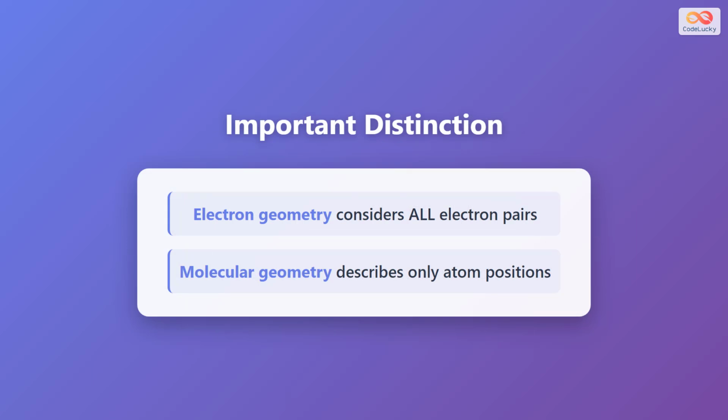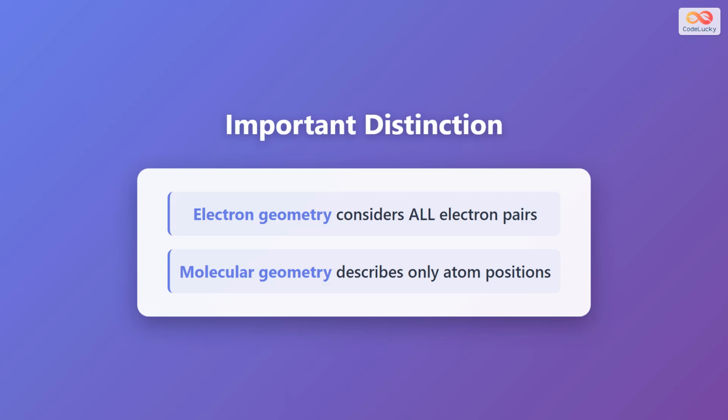Before we conclude, there's an important distinction you need to understand. We actually use two different terms when describing molecular structure. Electron geometry considers all electron pairs around the central atom, both bonding pairs and lone pairs. It describes the overall arrangement of all electrons. Molecular geometry, on the other hand, describes only the positions of the atoms themselves.